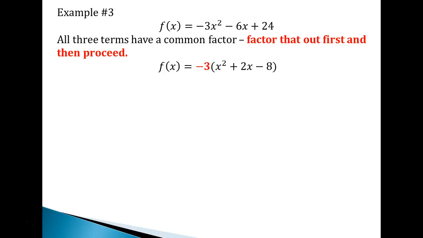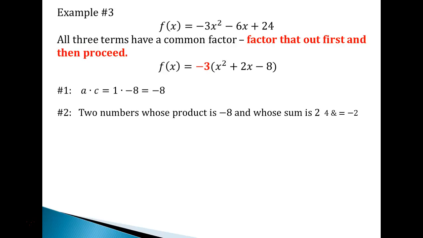Now you'll see that it makes things a lot easier because now I multiply a times c and end up with negative 8. I find two numbers whose product is negative 8 and whose sum is 2, and my numbers are 4 and negative 2.